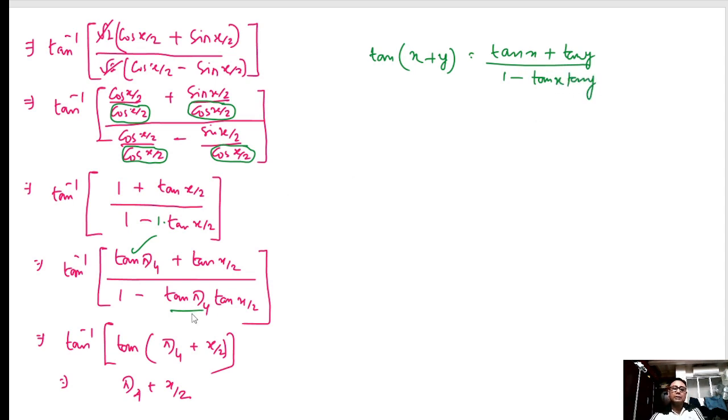So this is the formula of tan a plus b. So this is pi by 4 plus x by 2, and now tan inverse of tan will cut, and that is the answer. Whenever tan and tan inverse are there, they will cut.